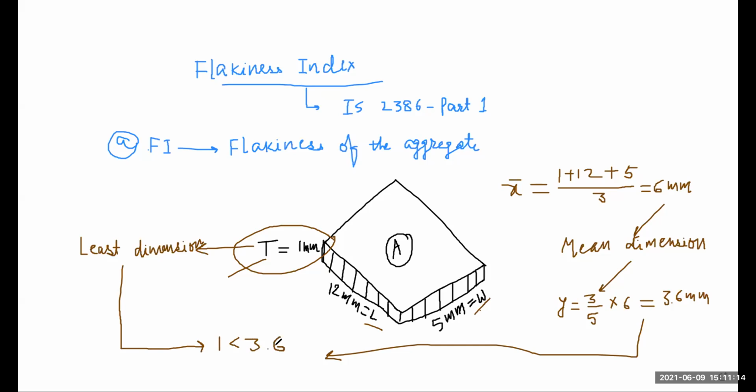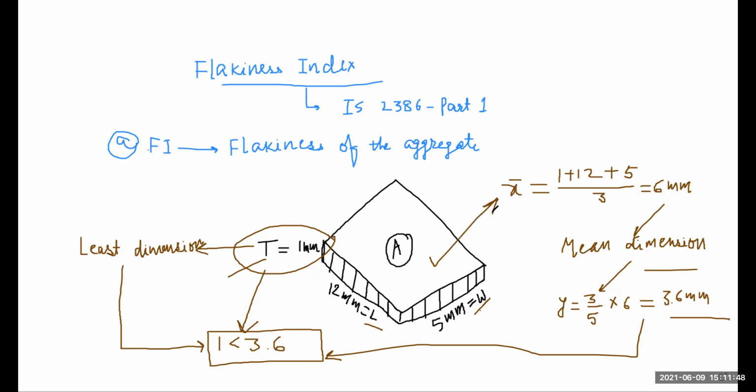My definition says flaky particles or flaky aggregates are those aggregates whose least dimension is smaller than 0.6 times its mean dimension. So we find our mean dimension, 3.6 mm, and our least dimension is 1 mm. So we get 1 is less than 3.6, and I identify this aggregate as a flaky aggregate.